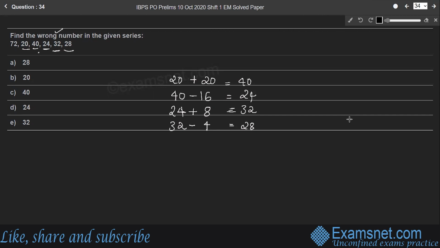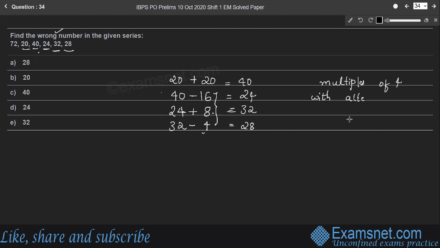Here, look at the numbers which are subtracted and added: 4, 8, and 16. These are all multiples of 4 with alternate positive and negative signs.